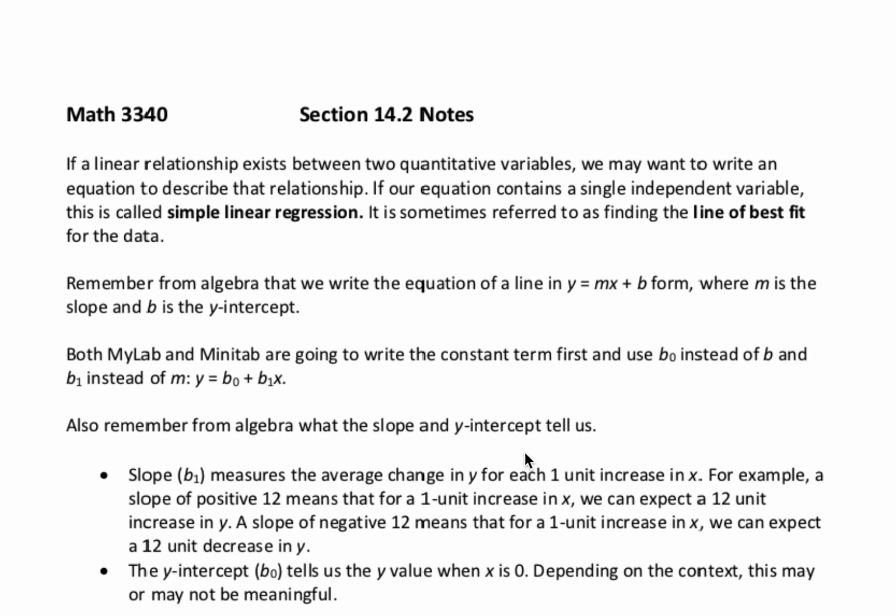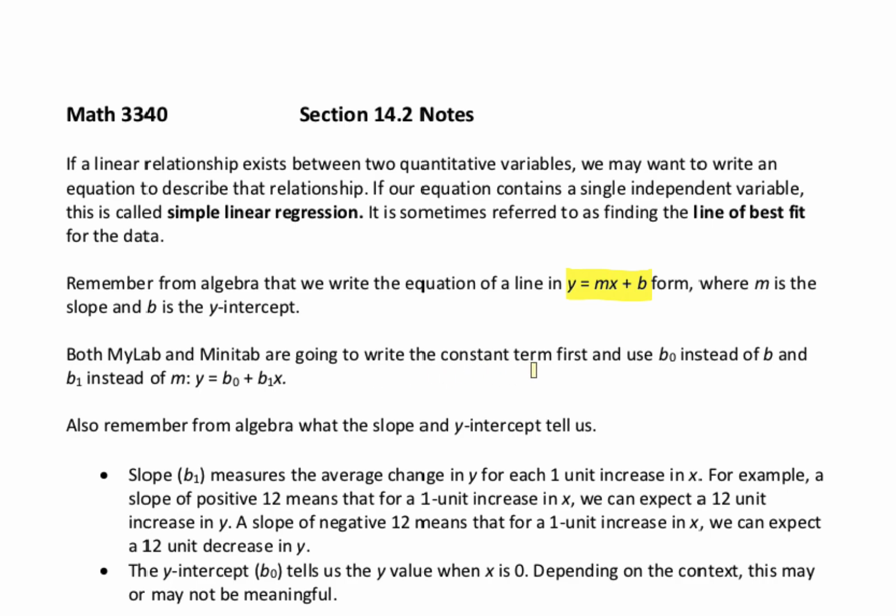So you'll remember from algebra that we write the equation of a line in y equals mx plus b form, where m is the slope and b is the y-intercept. M is always multiplied by x and b is the number that's by itself. In MyLab and Minitab, we're going to write this a little bit differently.